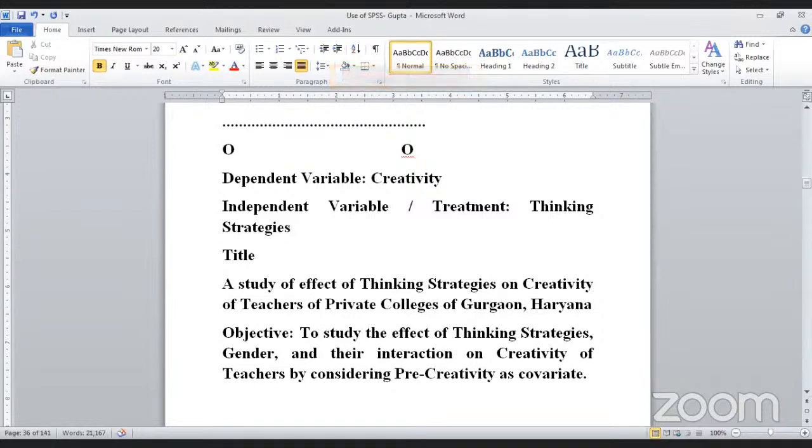Now, how many objectives are in this? In this objective, how many objectives are there, or how many findings will you have for this objective?